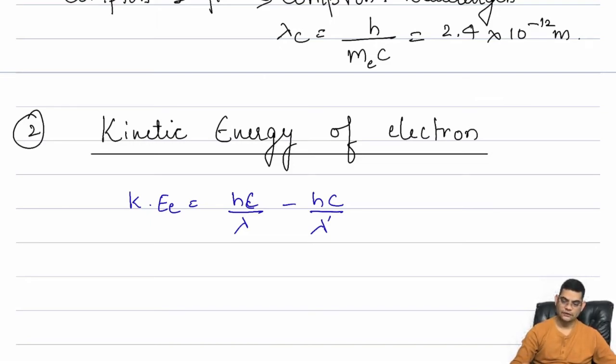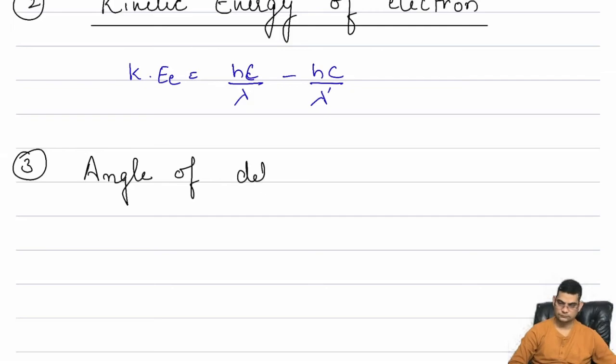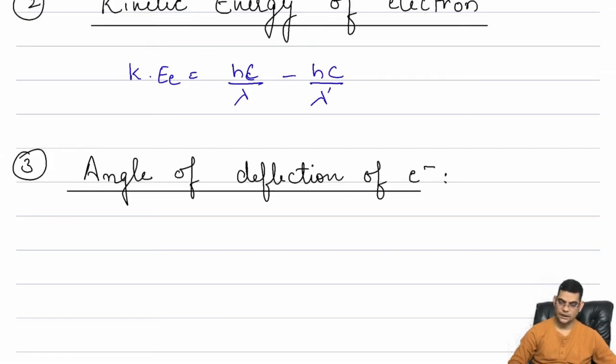Now, third, we try to find out the angle of deflection of the electron. If we conserve the momentum in y direction only, then before collision momentum in y direction is 0.